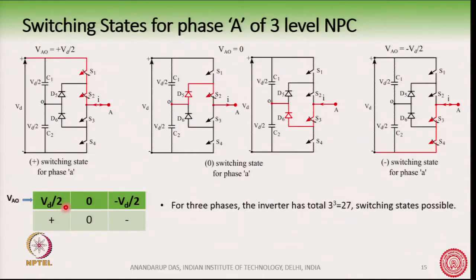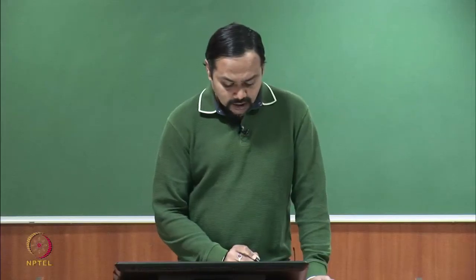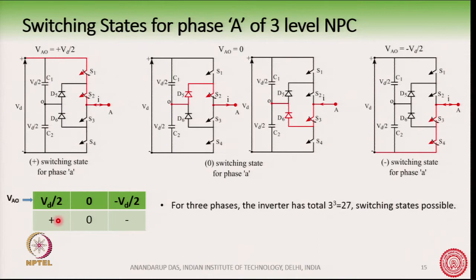It can be Vd by 2, 0 or minus Vd by 2. These are the 3 possible voltage levels at the point A with respect to the point O, and they are denoted by plus, 0 and minus in the subsequent discussion.